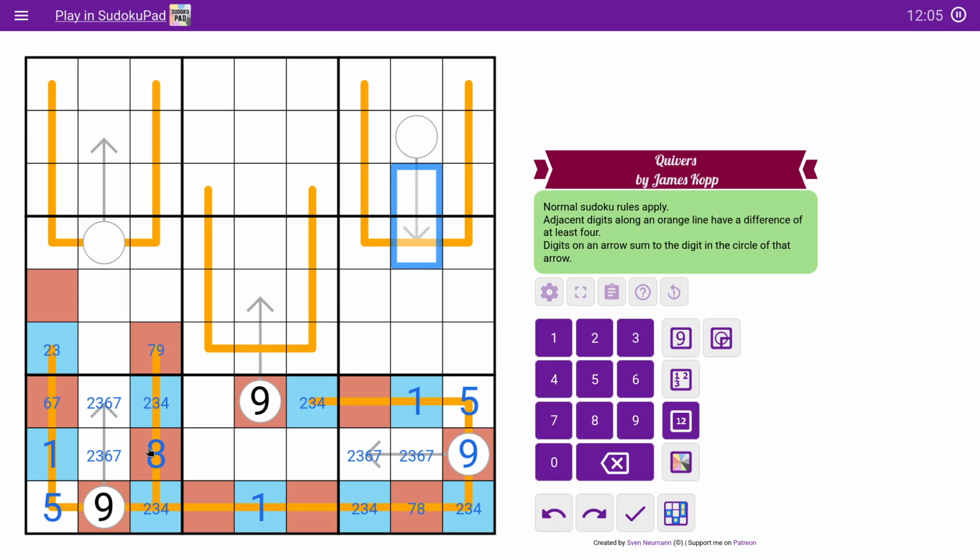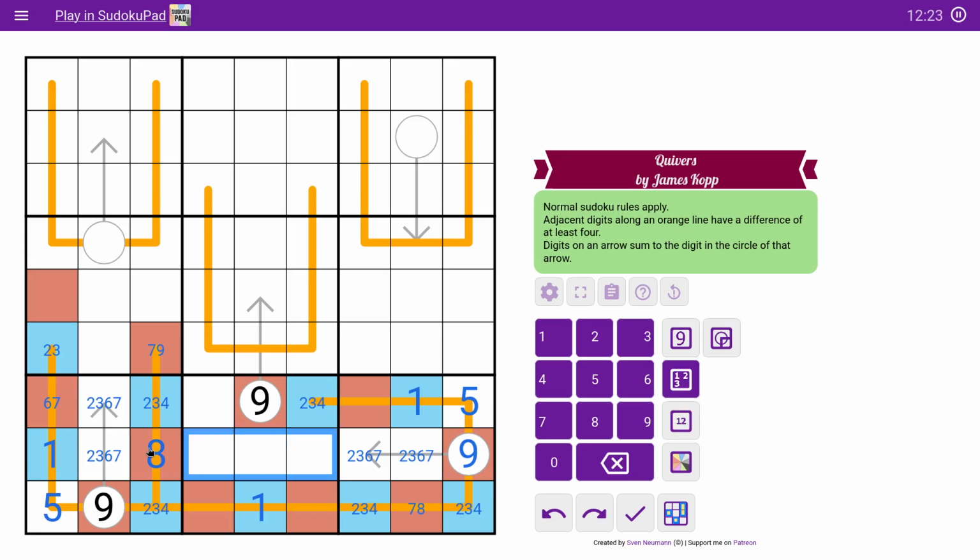I've reached that point in every Sudoku where I go check to see if I've missed something in the rules. But here it is very short. 2, 3, 6, 7.